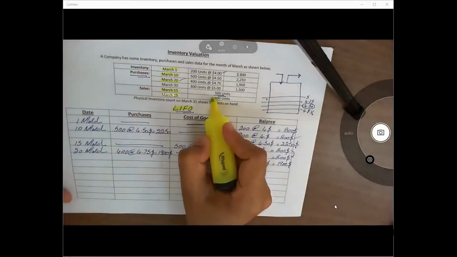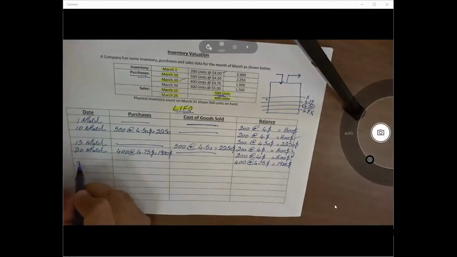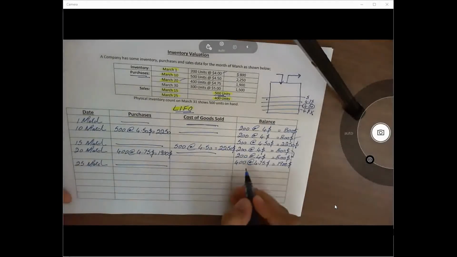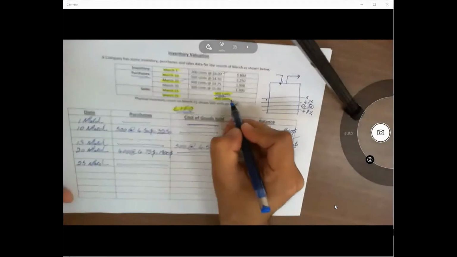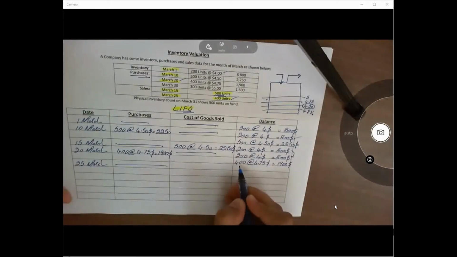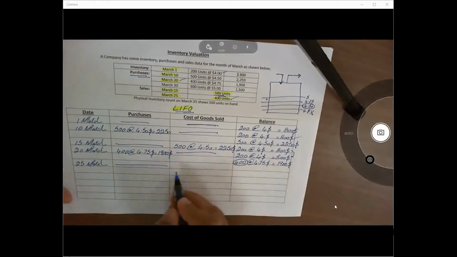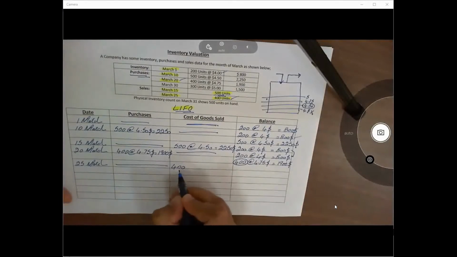On 25th of March, we are selling 400 units. We are not purchasing anything, but we are selling 400 units. Over here, because we are using LIFO, we will sell the last units which we just purchased. So we need to sell 400.